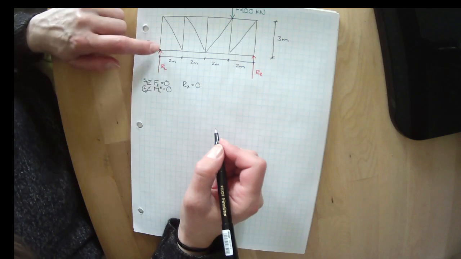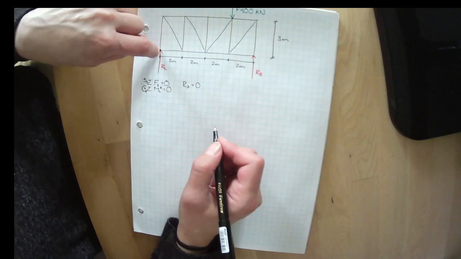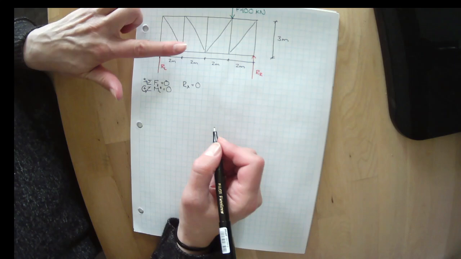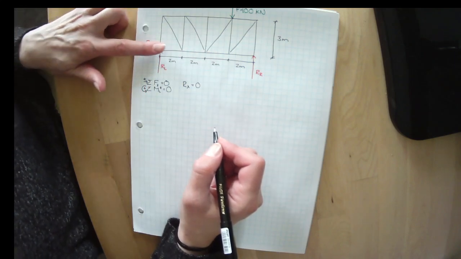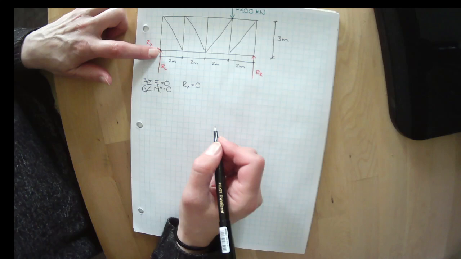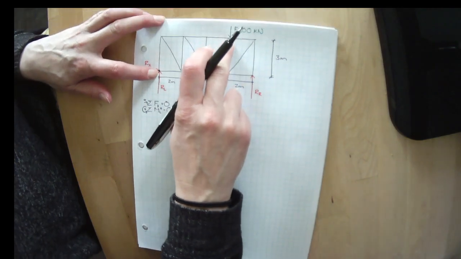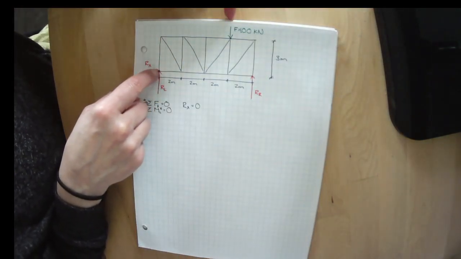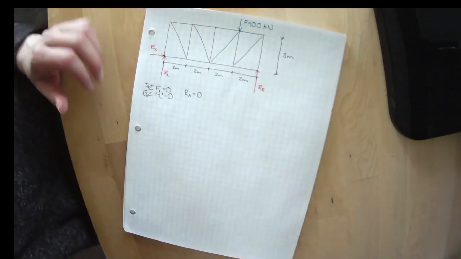Our L passes right through that point, so there's no distance from it, which means it doesn't try to make it spin about that point. It tries to make it move, but it doesn't try to make it spin. Rx, same thing. Rx passes right through the point, so it's not trying to make the object spin. Our 100 kilonewton force, imagine I'm putting a thumbtack right here, it is trying to make the object spin about that point.